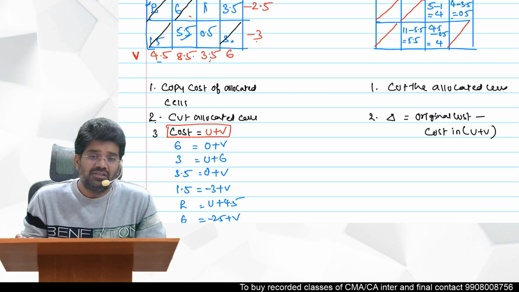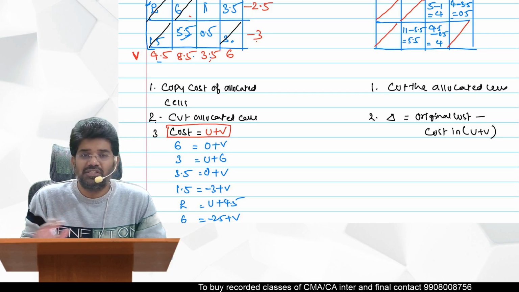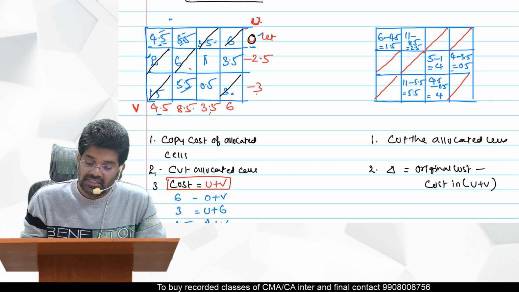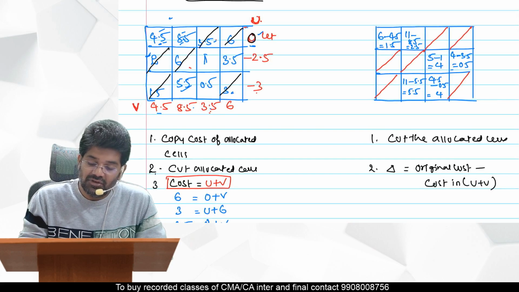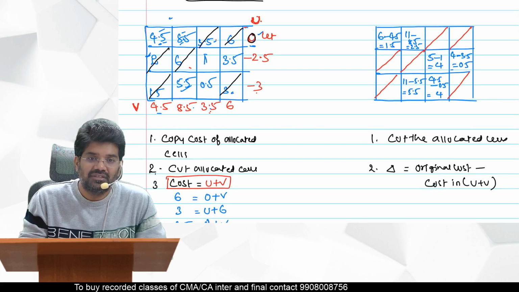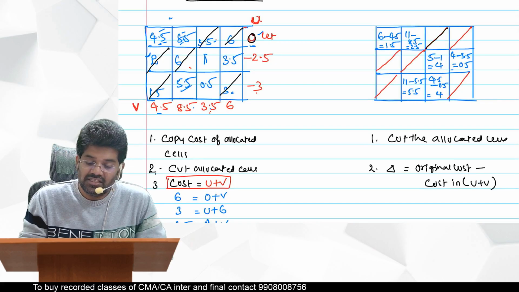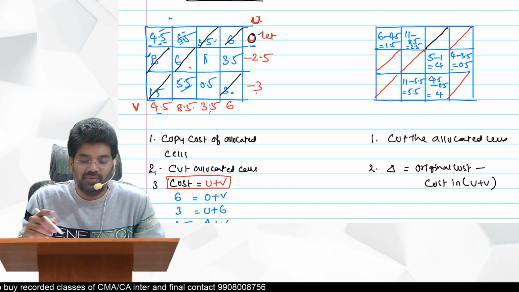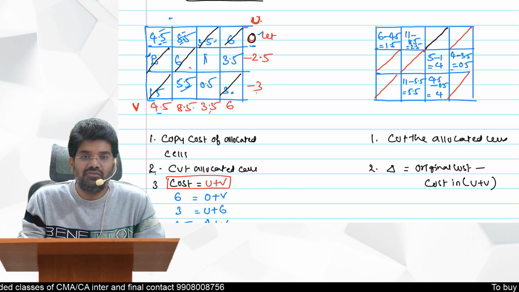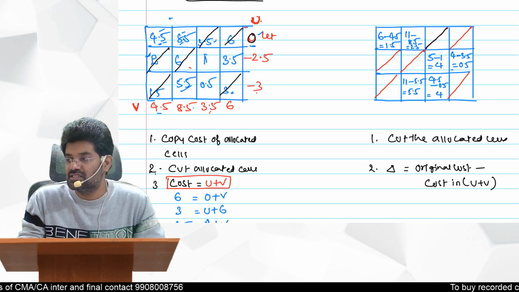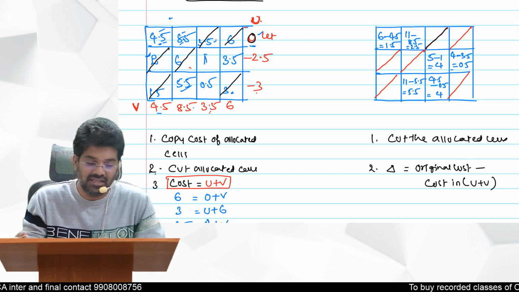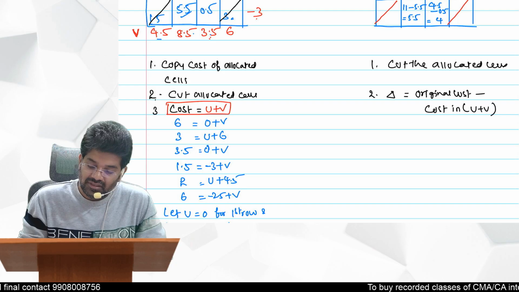See, why we have cut the allocated cells is that the change will be 0, no? Original cost minus u plus v value for an allocated cell will be 0 only. That is the reason we have cut them.